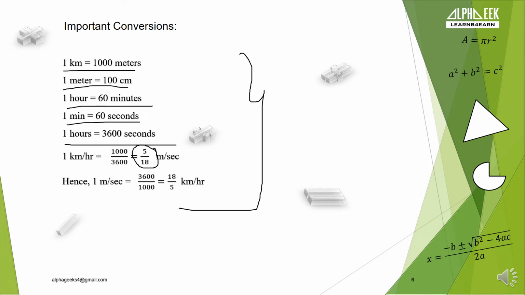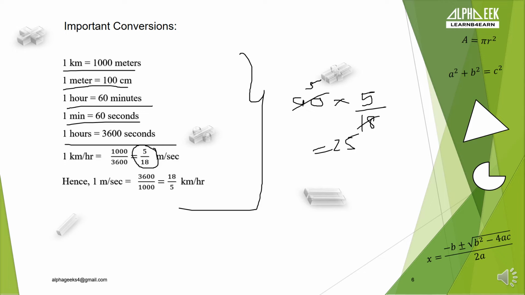Okay, now anytime you need to convert kilometer per hour into meter per second, just multiply that term by 5 by 18. If you have 90 kilometers per hour and you have to convert it into meters per second, so the 90 term into 5 by 18. So 18 fives are 90, and that will give you 25.